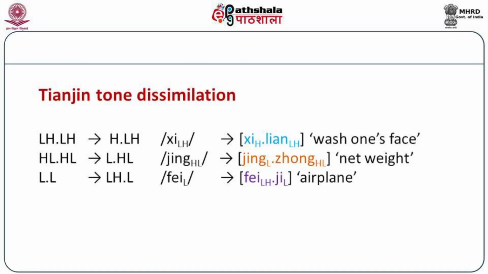For example, a well-known case of this is in the language called Tianjin, where we have rising tones, LH, LH, they become a high tone and a rising tone. So a rising tone sequence changes to a high tone and a rising tone throughout, and a low tone sequence becomes a rising tone, low tone sequence. The examples are given on the screen.